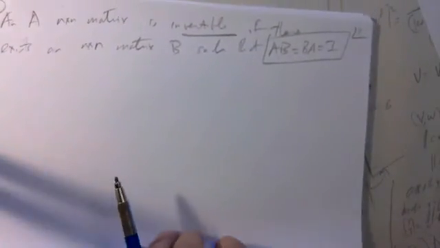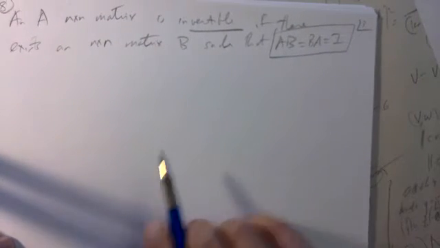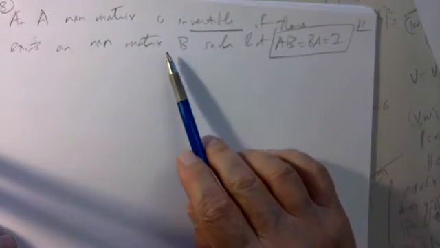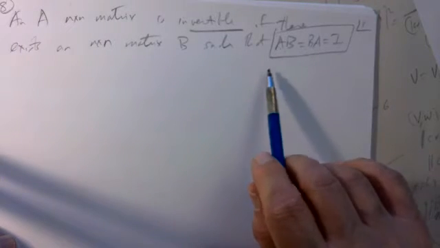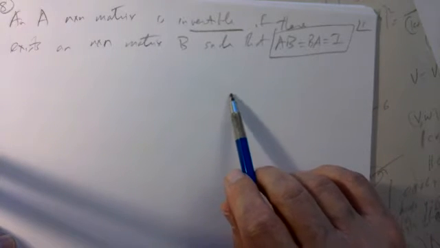Thank you. Yeah, this is just the definition of an invertible matrix. A matrix is invertible if there's another matrix B such that A times B is the identity and B times A is the identity.